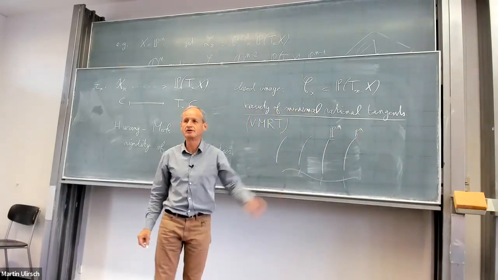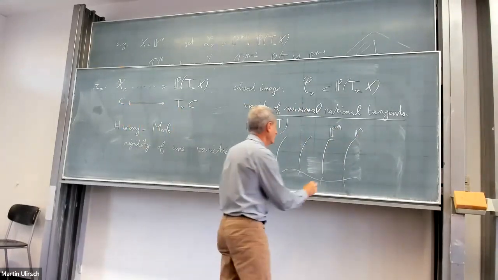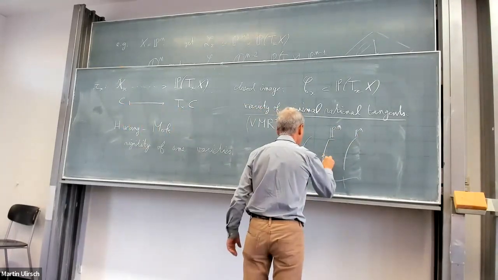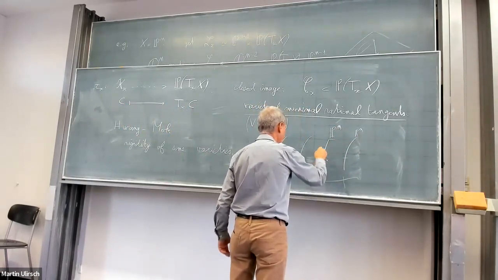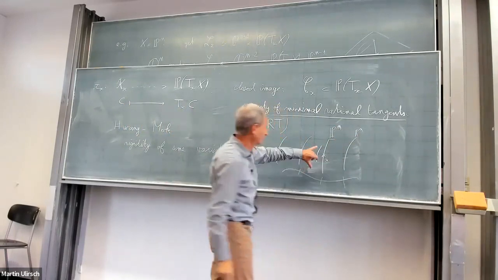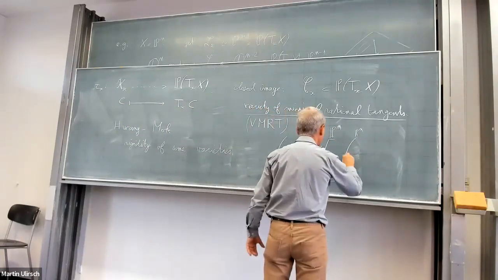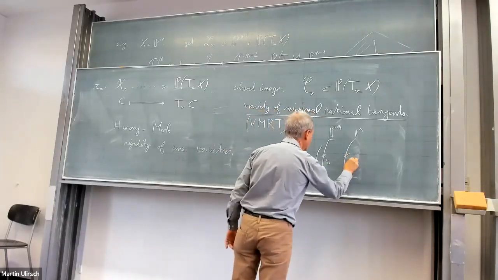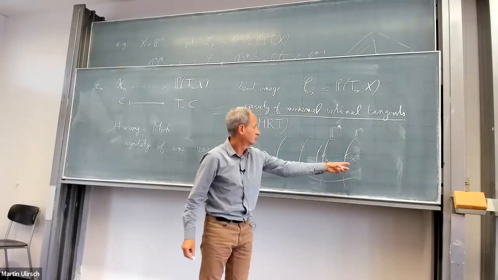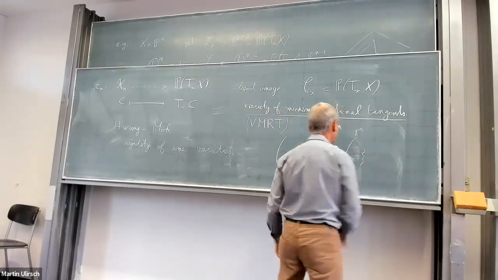And the way these people prove this is you look at a point here, and you look at this VMRT, which is a smaller P^(n-1). And you look at another point in the special fiber, and there you get some VMRT.